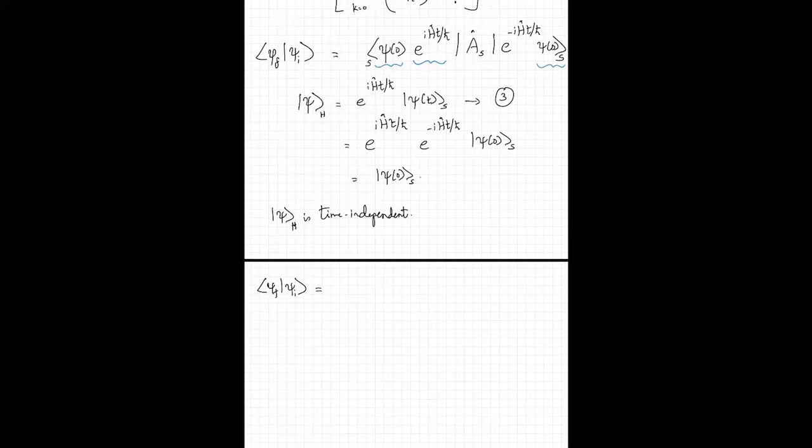The Schrodinger ket at time t equal to 0 is the Heisenberg ket, and this is some other operator. So I'll retain the operator and write everything in terms of the Heisenberg picture. So this can be written as psi H e to the i H t over h bar as e to the minus i H t over h bar psi H. Okay.